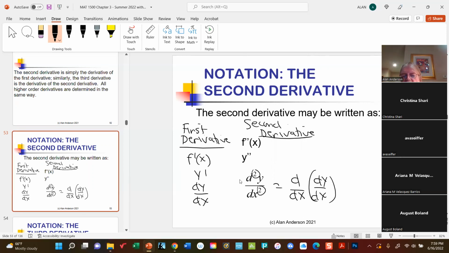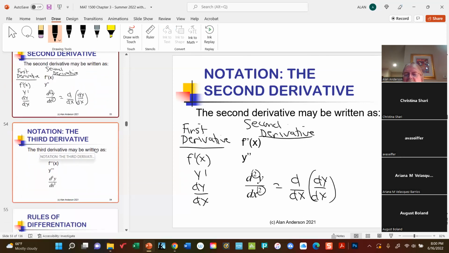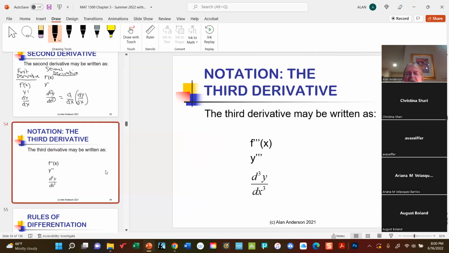All right, well, of course, you can probably guess what's coming next, the third derivative. In fact, just jump ahead right now. And there's no big surprises coming here. F triple prime of x, y triple prime, d cubed y dx cubed.